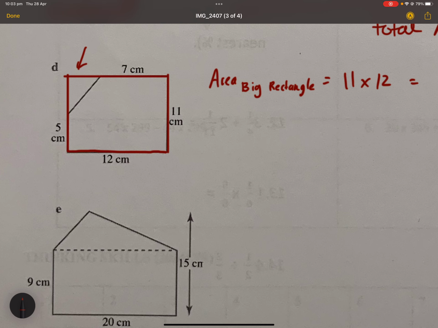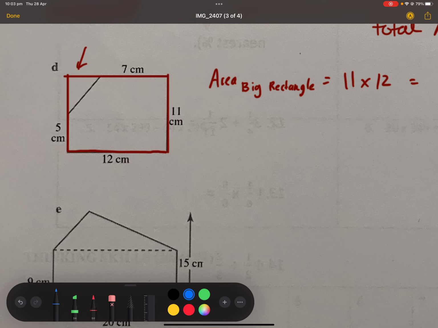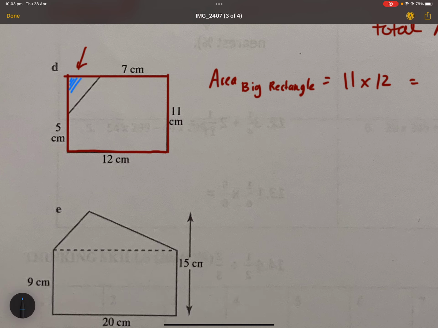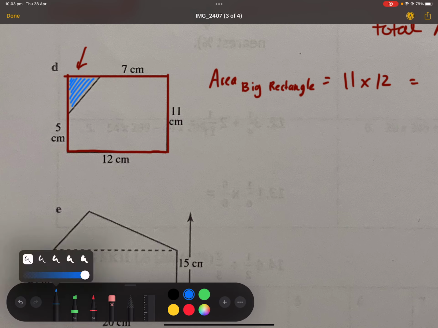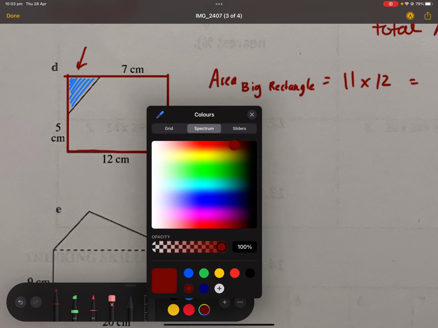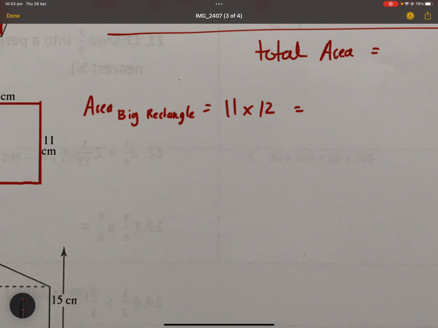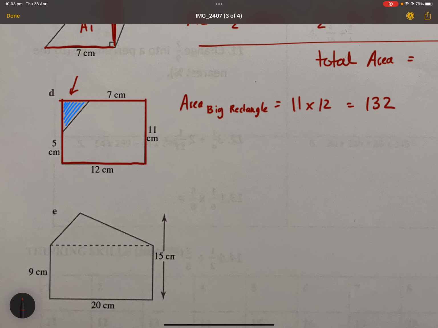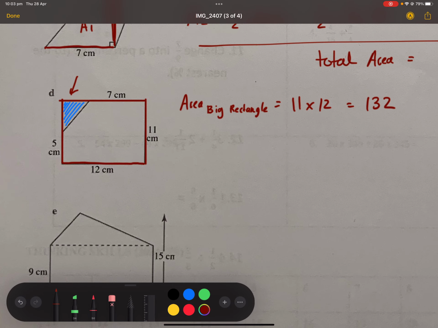Okay, and then we're going to minus the area of the blue piece here. So we know the area of the red piece, the big rectangle, is 11 times 12, which is 132. Now we need to minus the area of the blue triangle there.